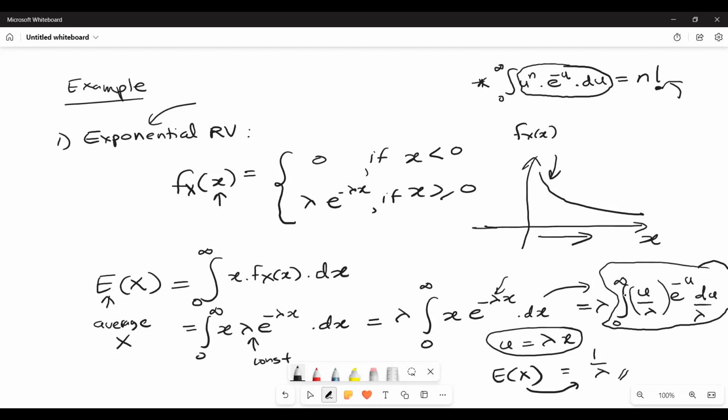So this is just the expectation value. For other parameters like variance or x to the power m values, you can find the expectation value. I'm not going to go through that now. We can do the integration in a similar manner for other cases where we want to find the expectation of x to the power of m.